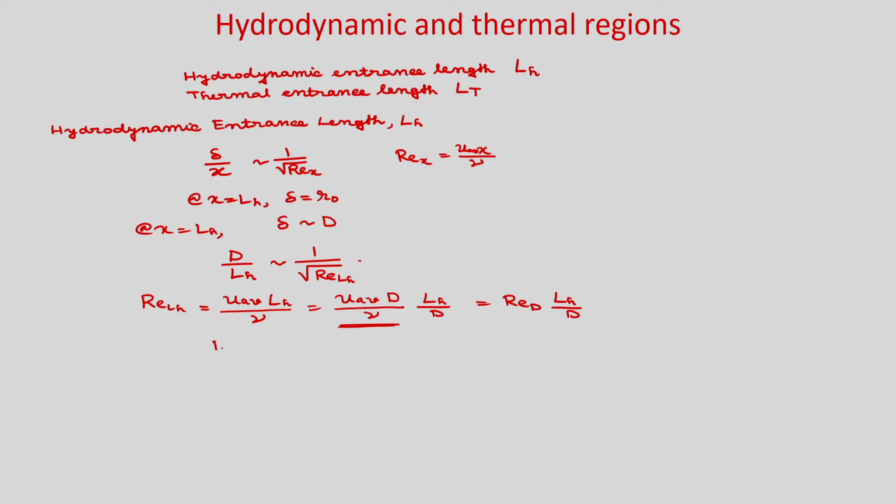d by L_h will be of order 1 by root Re_d times root L_h by d. So you can write (L_h by d) divided by Re_d to the power half will be of order 1. Here L_h is the hydrodynamic entrance length, d is the tube diameter, and the Reynolds number is now based on diameter.